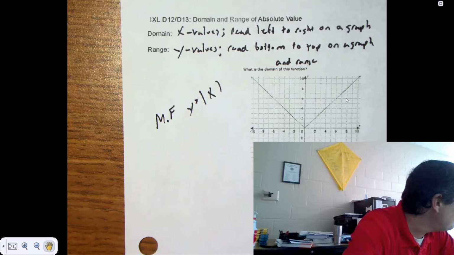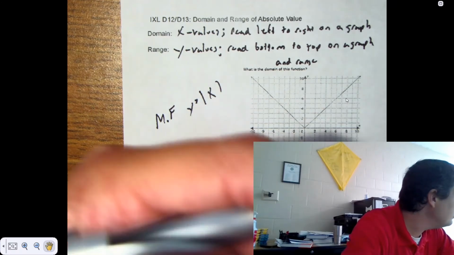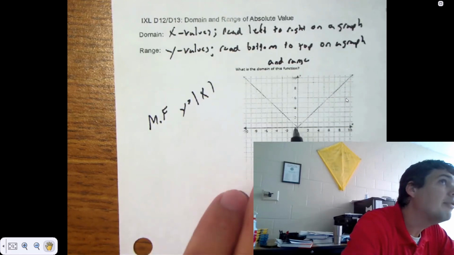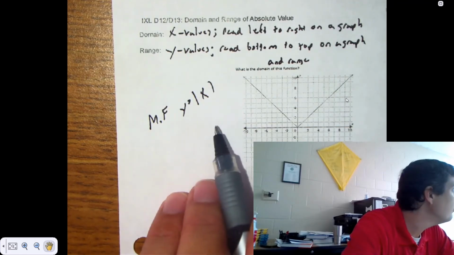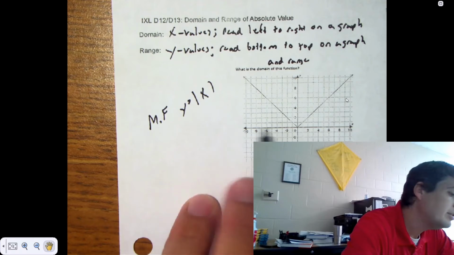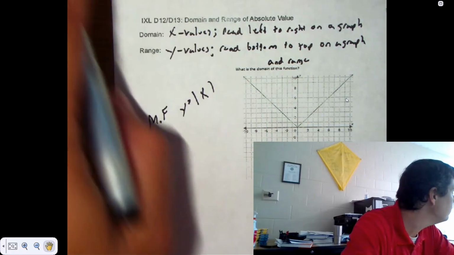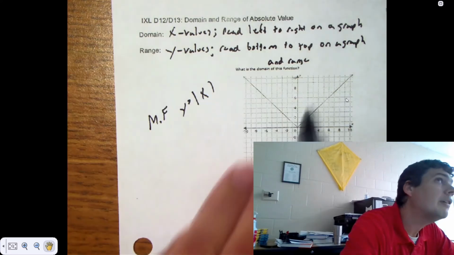Now, when you're reading graphs, you don't have points plotted. You just have to think about what's going to happen. Will this graph run forever left? Yes. Notice it's going up, but it keeps going left forever if you were to trace it with your pencil. Will it go forever right?